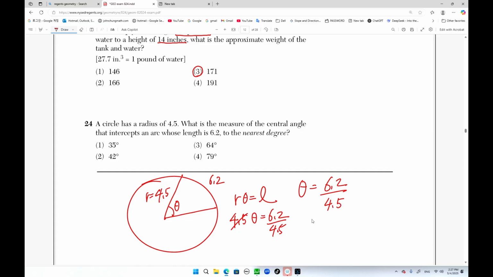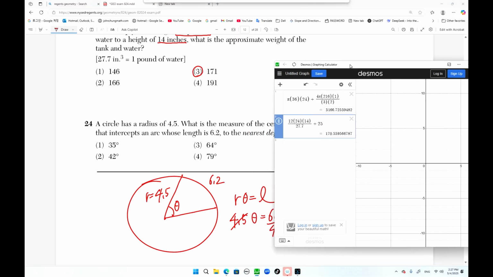That's the radian. How can I change to degrees? You know that pi radians equals 180 degrees, right? So we multiply this one. So using the calculator, okay?